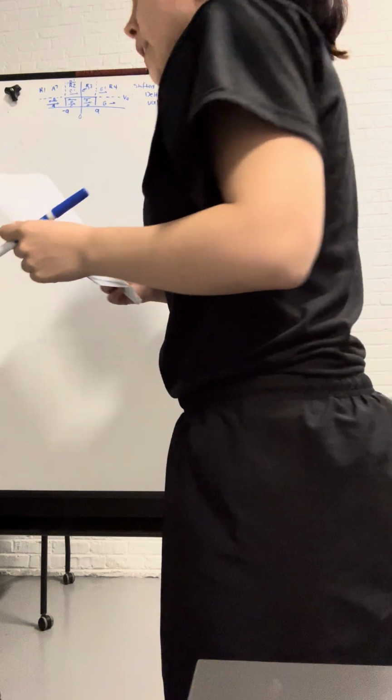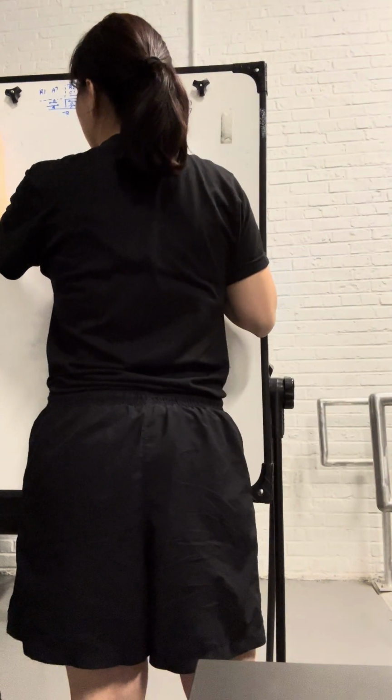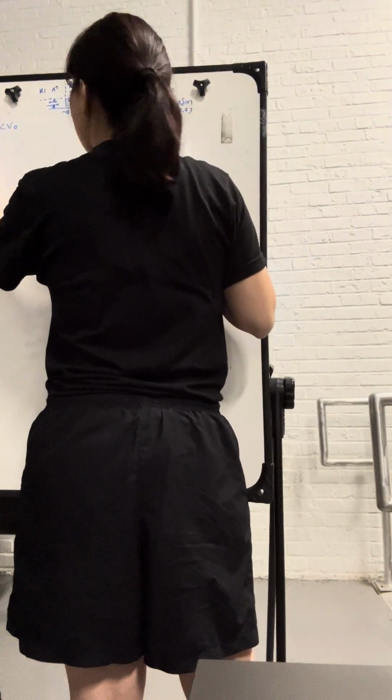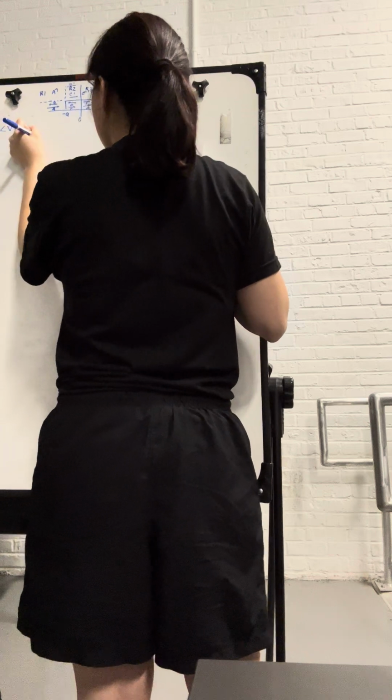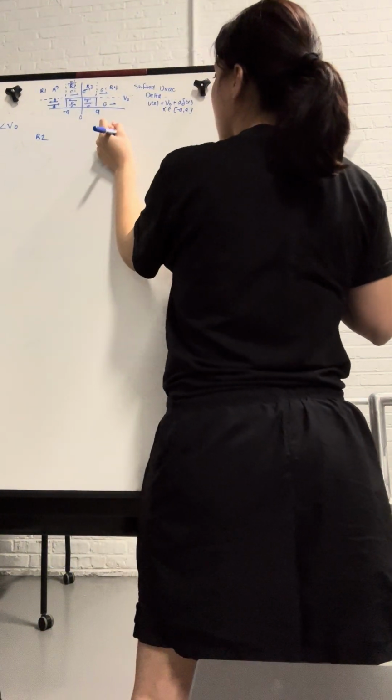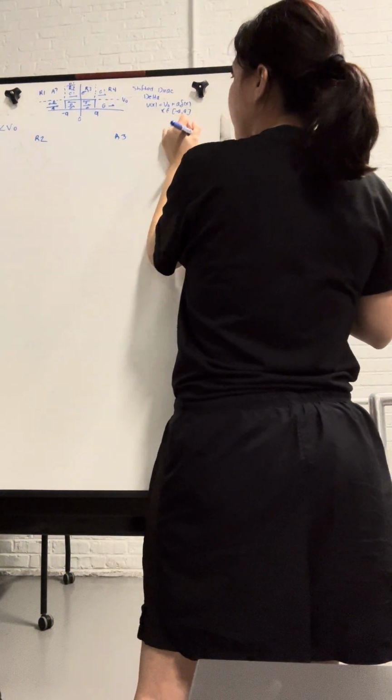Now, we will simply start off by solving the time-independent Schrödinger equation for E below V naught for region 1, region 2, region 3, and region 4.